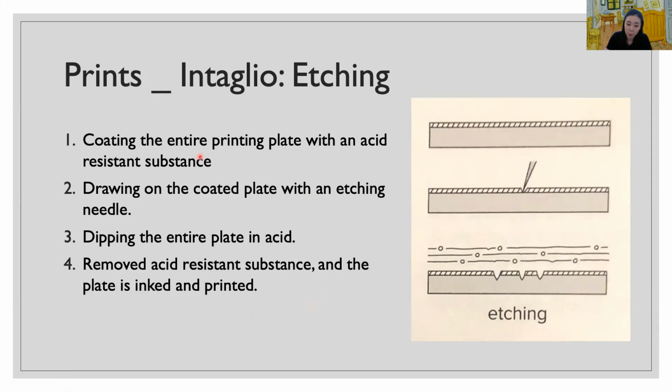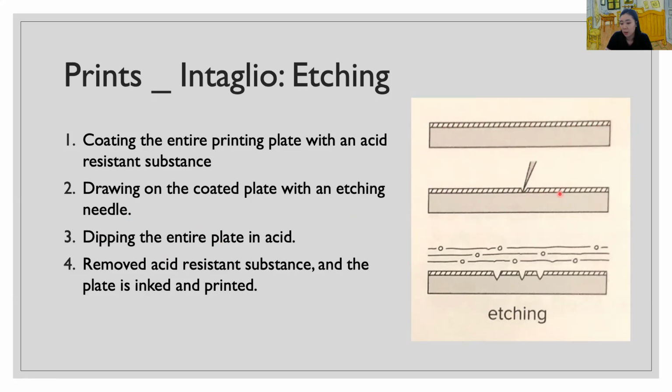The artist coats the entire plate with an acid-resistant substance called ground. So this is a ground. So it is coated by the ground. And the artist draws on the coated plate with an etching needle, like a dry point.